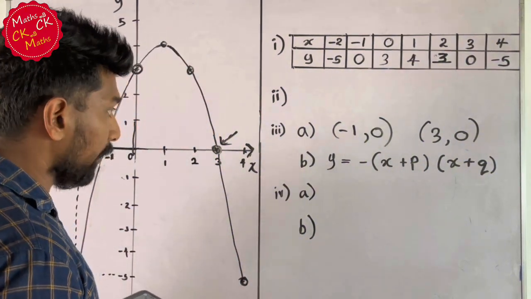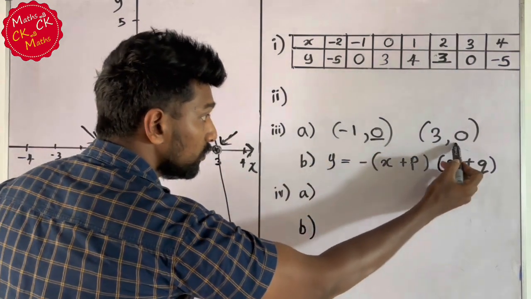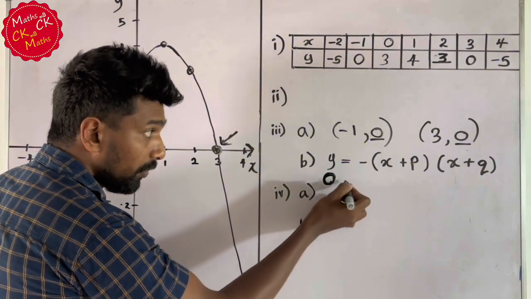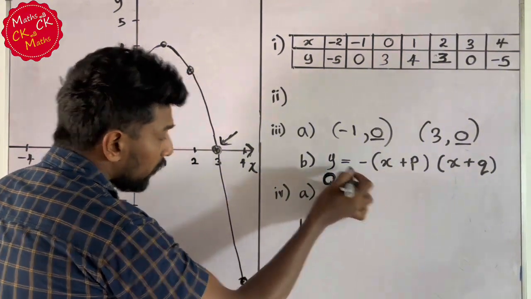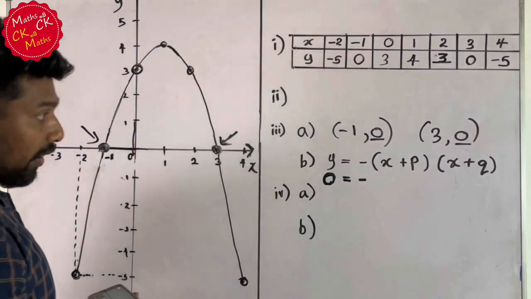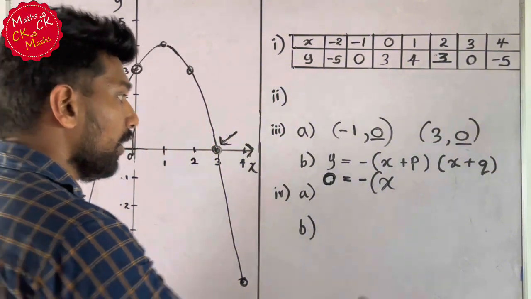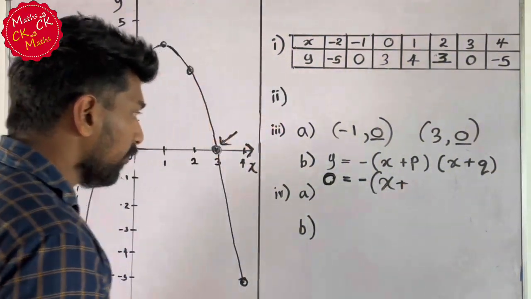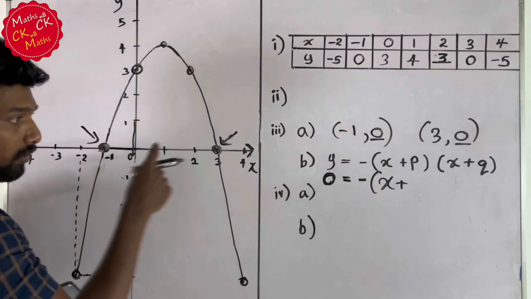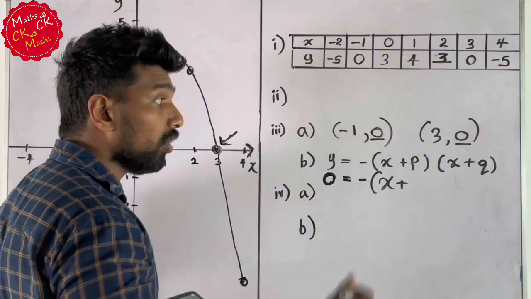We can identify that the y value here is 0, so y is equal to 0. The minus sign means a maximum graph, and x is already x. What is the value of p? If we take -1, x is -1, altogether -2.